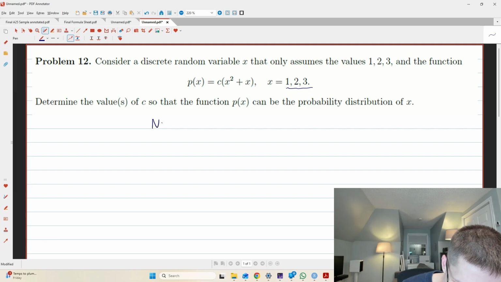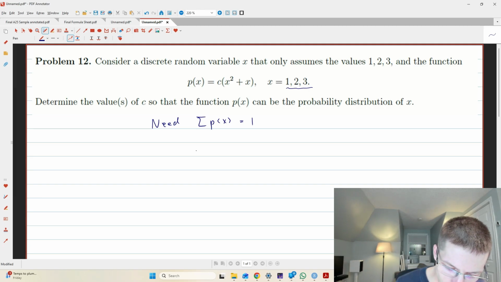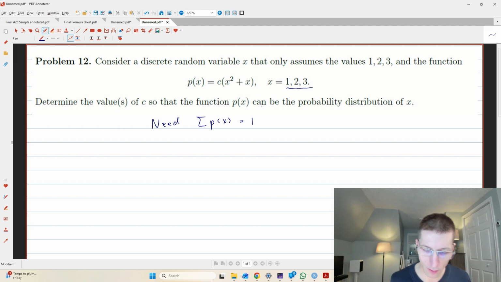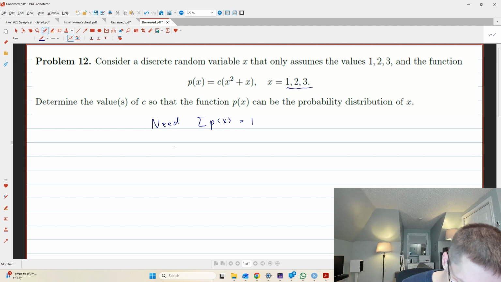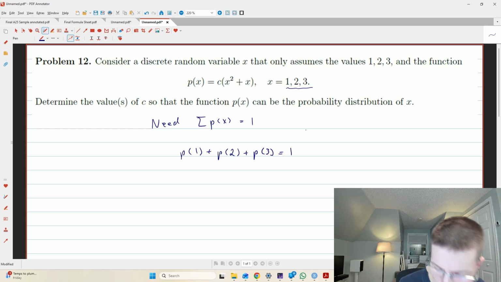So we need the sum of the p of x's to equal 1 for this to be a probability distribution. So let's work out what that means in terms of this formula for p of x, and that will put a constraint on what c can be. So here we have p of 1 plus p of 2 plus p of 3 equals 1.